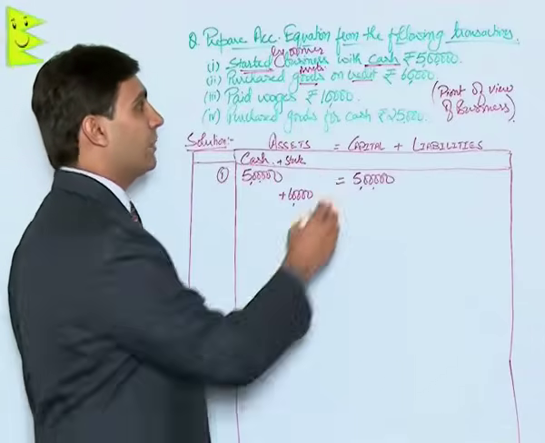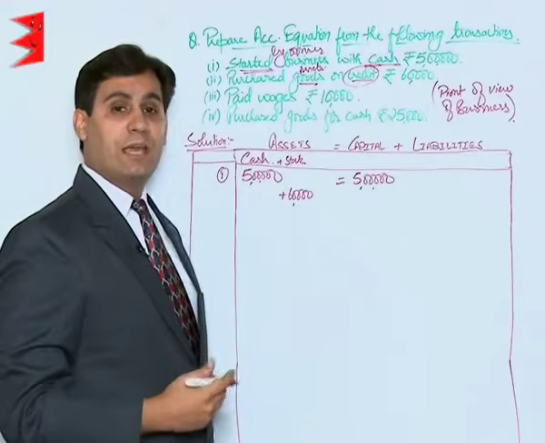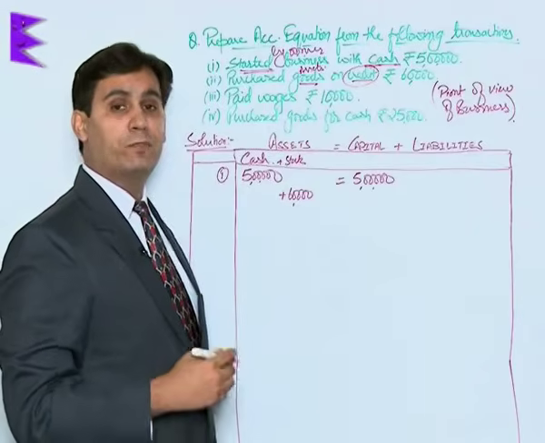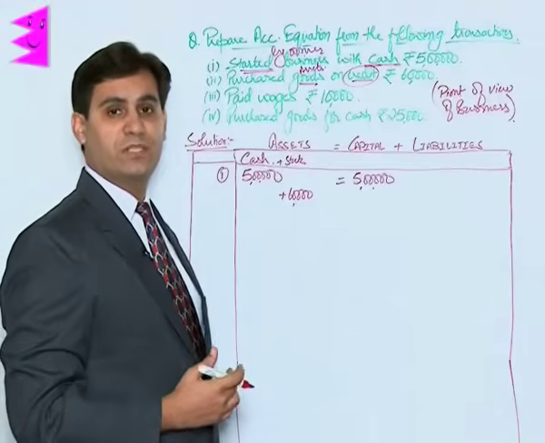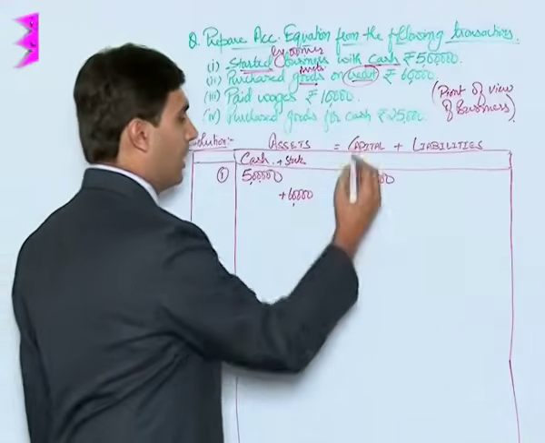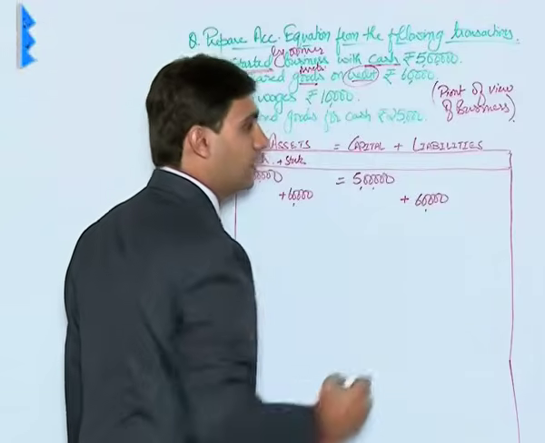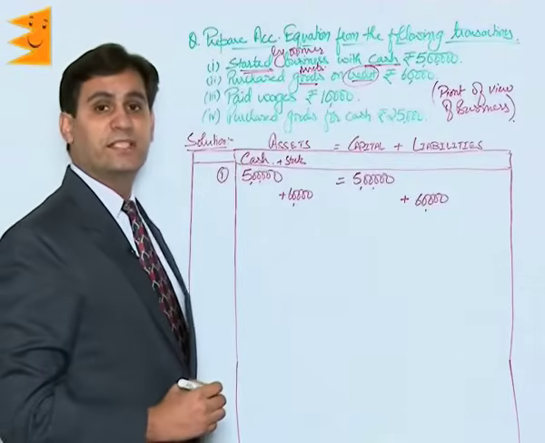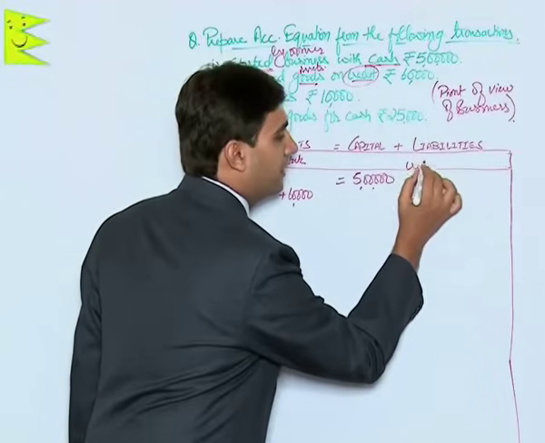Now these goods are being purchased on credit. Credit means our liabilities have increased. We have to pay this amount of 60,000 to some person from whom we have purchased these goods. So there will be a corresponding increase in our liabilities to the extent of rupees 60,000. We must mention that these are our creditors.